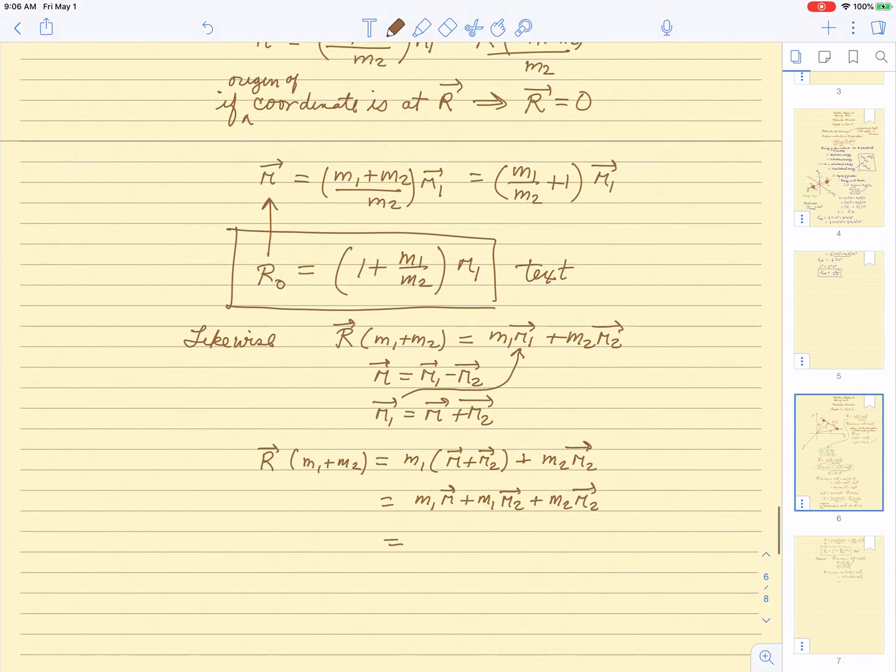That's going to be equal to now M1 R plus M1 plus M2 times R2.